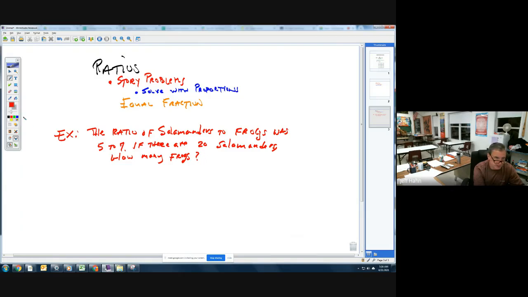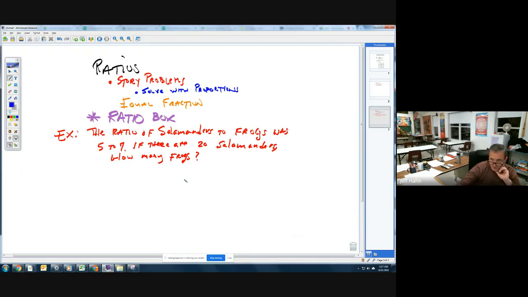Now, in big, ginormous letters here, this is what we have to think. Anytime you are solving these types of problems, you are going to make a ratio box. This is the most important part of this whole spiel. By ratio box, I mean this.